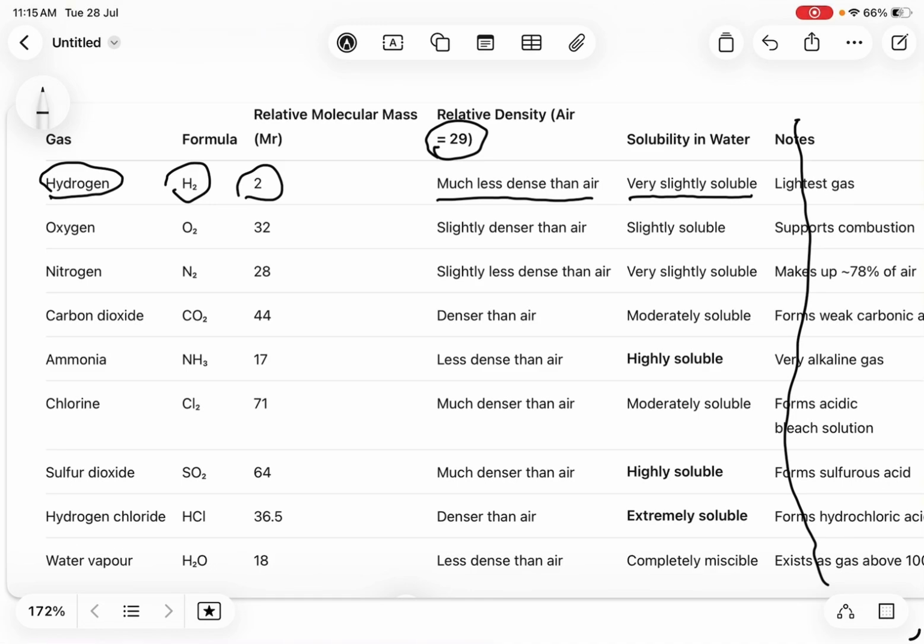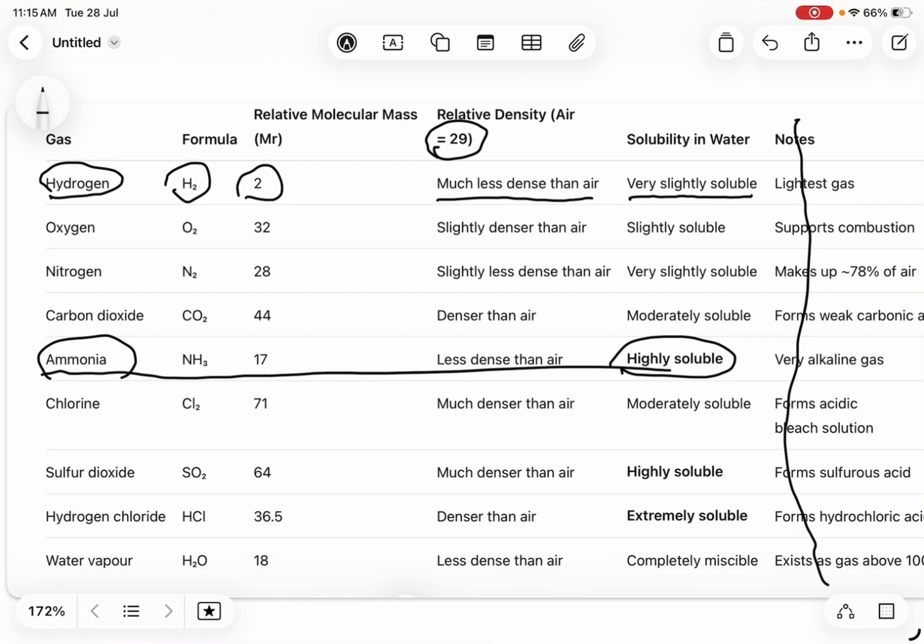What you need to look for right now, the first thing, is the solubility. Some of these gases are extremely soluble, very high. We need to find them out and circle them. The first one is this gas, ammonia. Ammonia gas is extremely soluble.